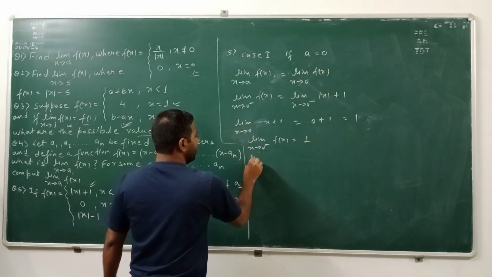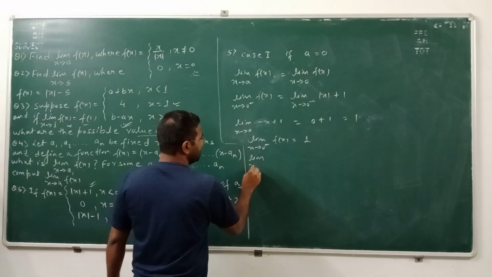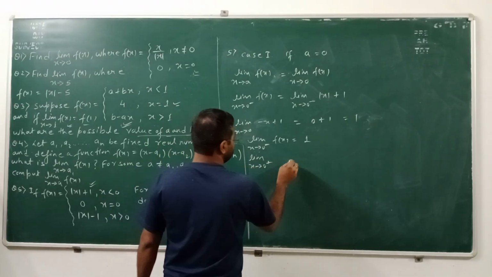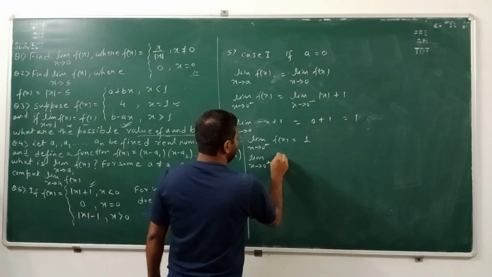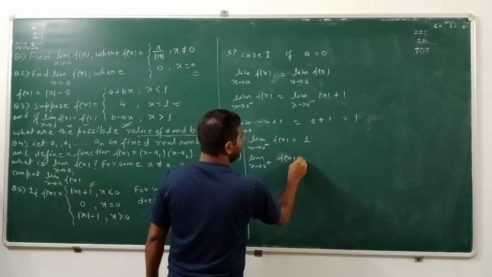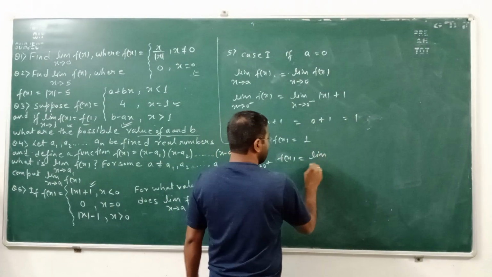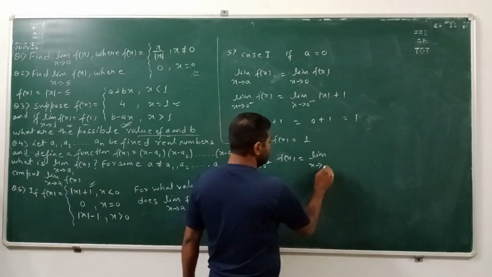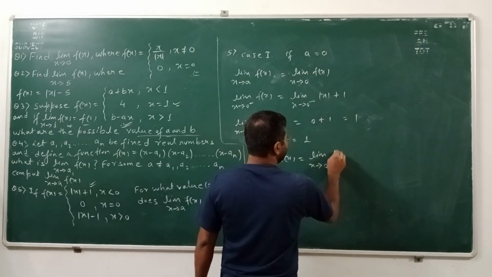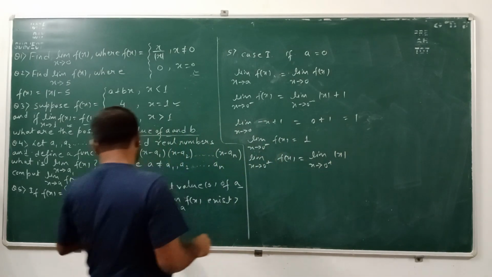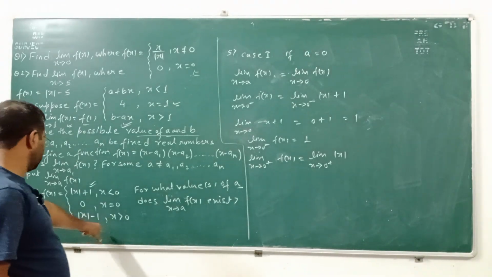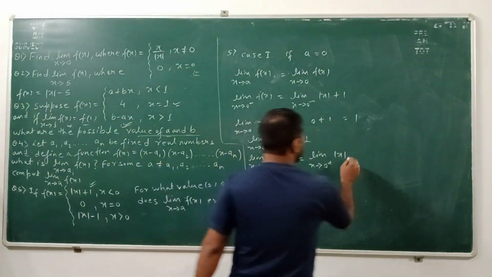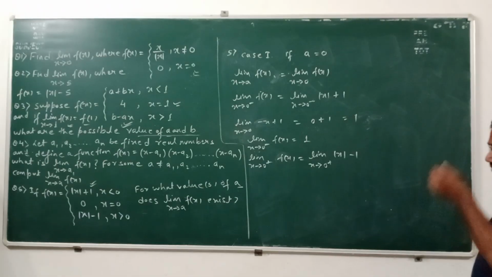Okay, now if x tends to 0 positive, then for 0 positive again we have to find f(x). Now for 0 positive, you will consider mod of x minus 1.